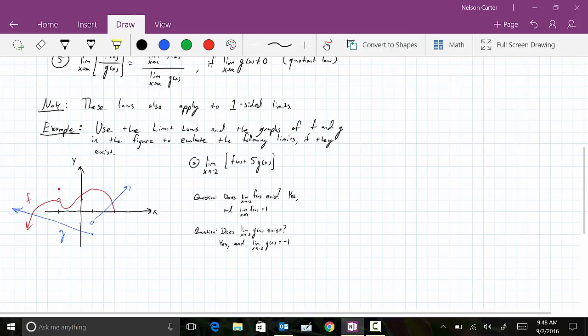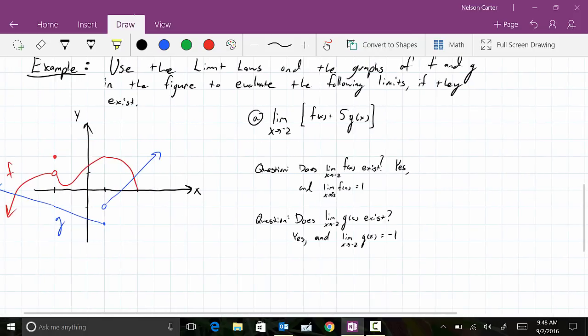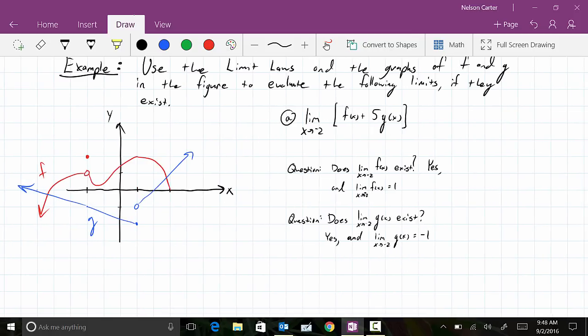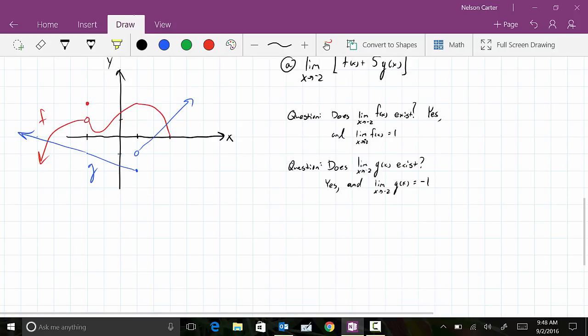All right, so that's great. That means we can use our limit laws. So now what we have is the limit as x approaches -2 of f of x plus 5 times g of x.